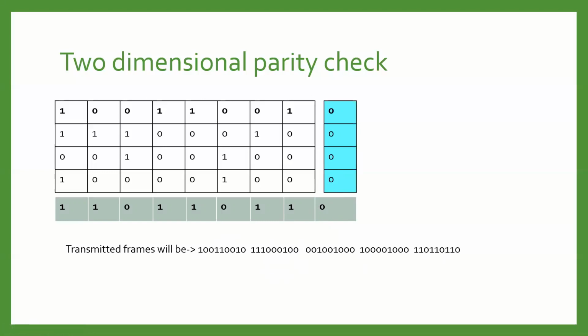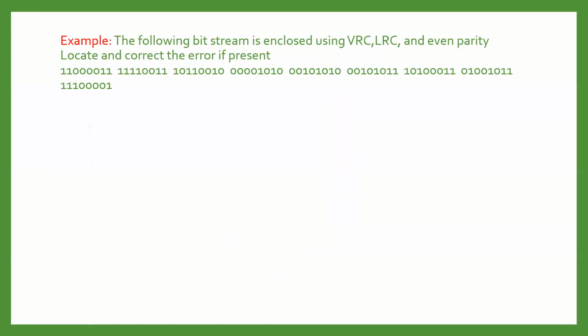Now, sometimes the question will be asked like this: particular data has been received by the receiver. By calculating the VRC and LRC, you have to identify whether an error has occurred in between the transmission or not. For example: the following bit stream is encoded using VRC, LRC and even parity. Locate and correct the error if present. Now they are saying we have to identify.